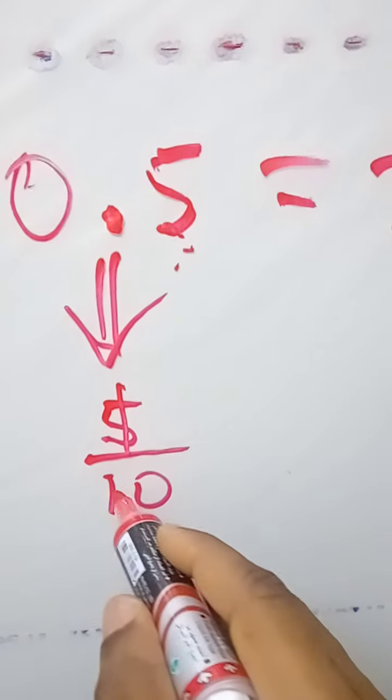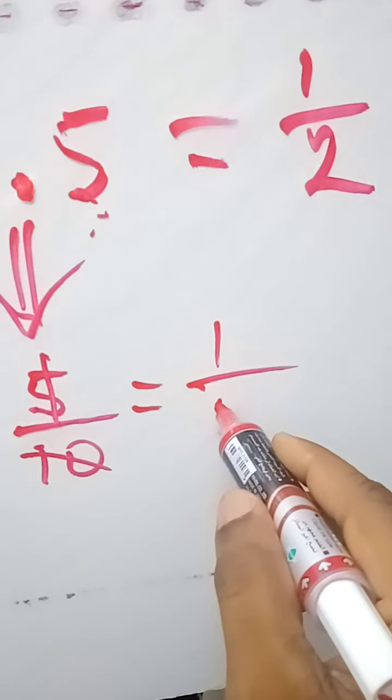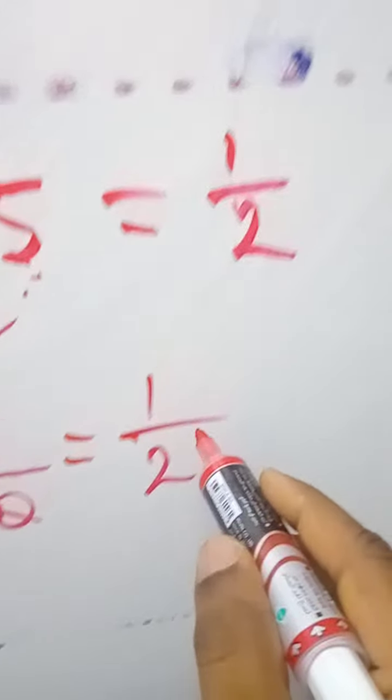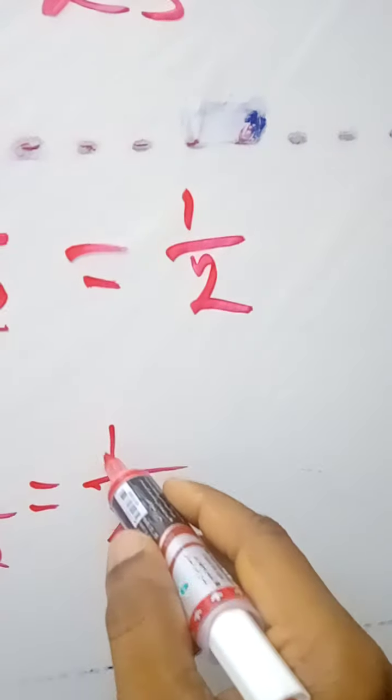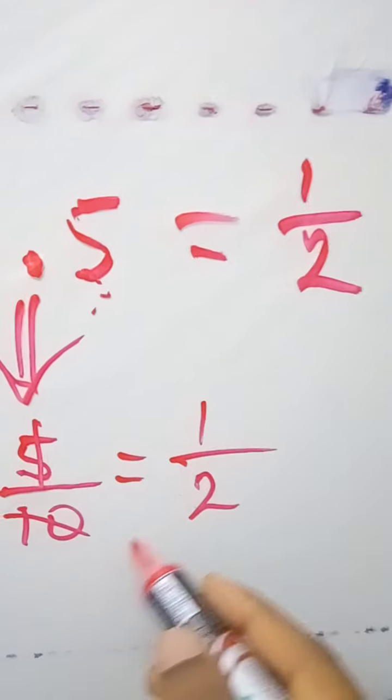And 5 over 10 we can still divide into simpler form. 5 divided by 5 is 1, and 10 divided by 5 is 2. That is how we got half. So 5 over 10 is 0.5, and 5 over 10 in simplest form is 1 over 2.